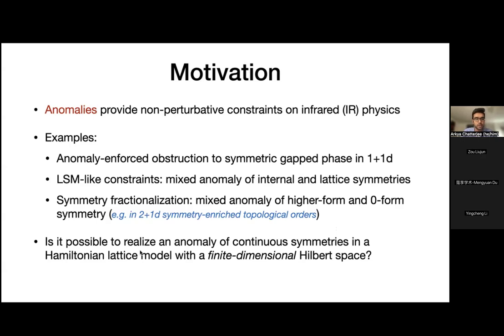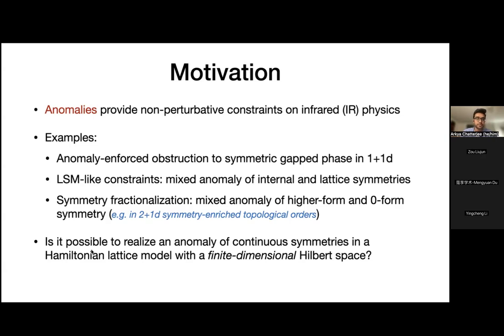So one of the questions that we're also addressing here is, is it possible to realize an anomaly of continuous symmetries in a Hamiltonian lattice model, which has a finite dimensional Hilbert space, like a spin chain or single fermions on each lattice site?